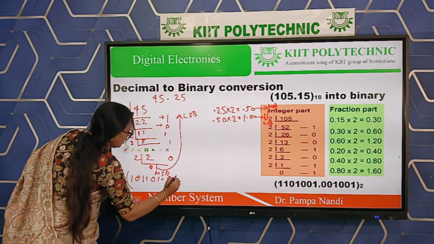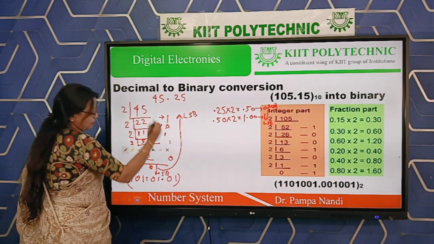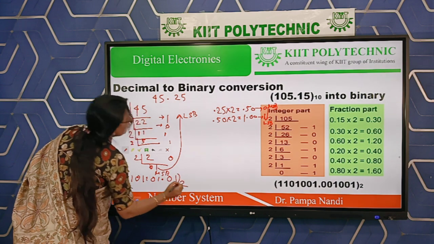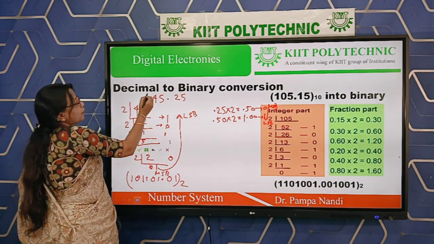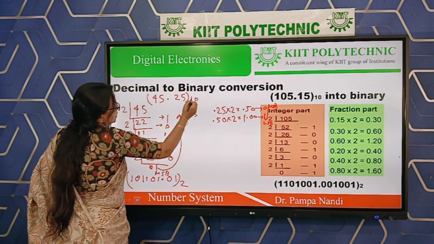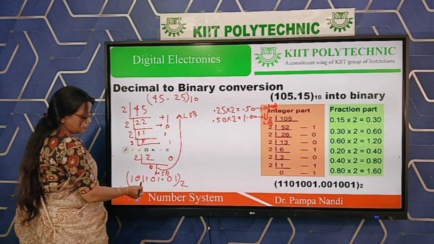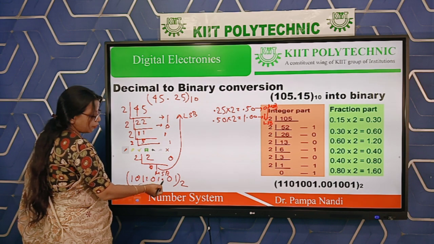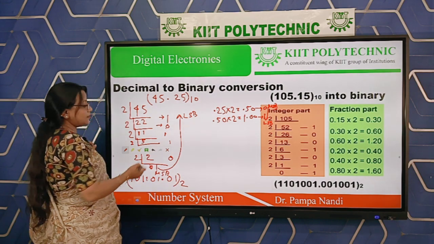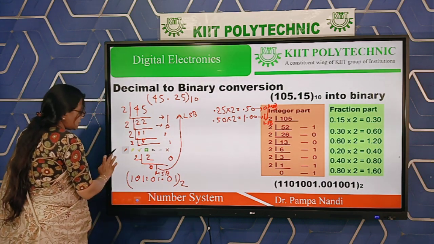So this is my equivalent of 45.25 in decimal. It is equal to the binary value 101101.01.